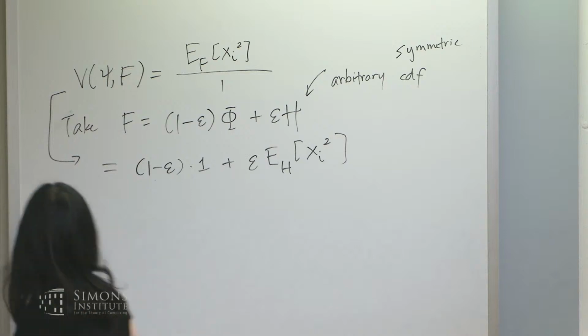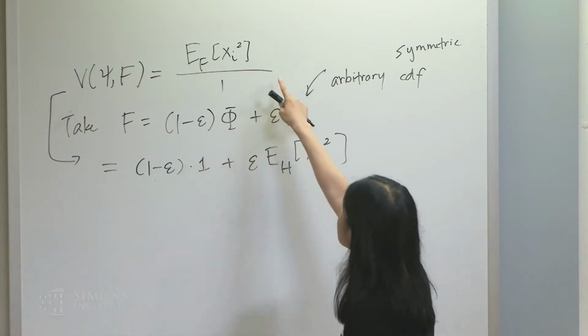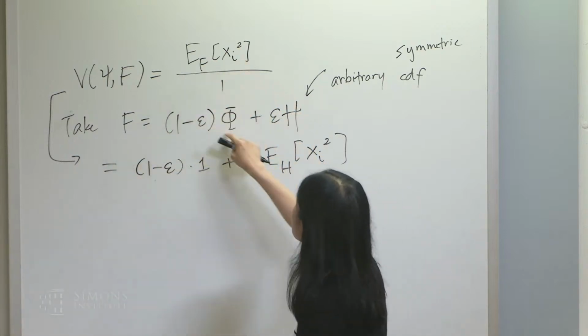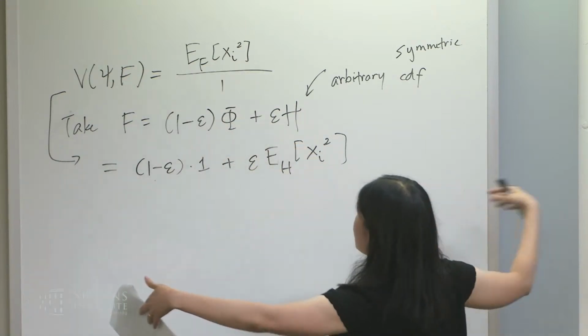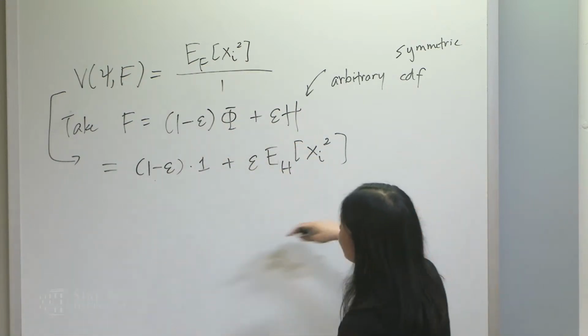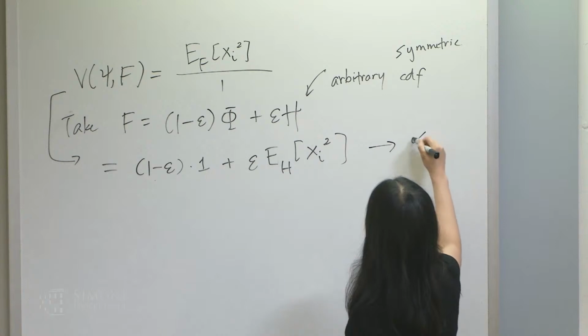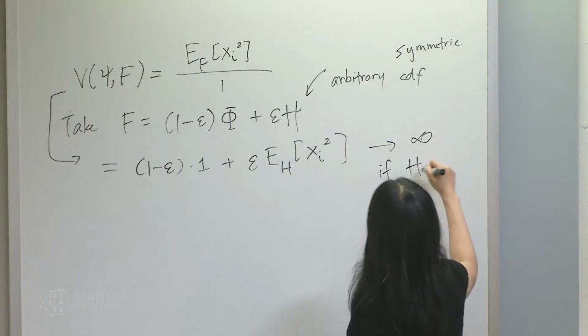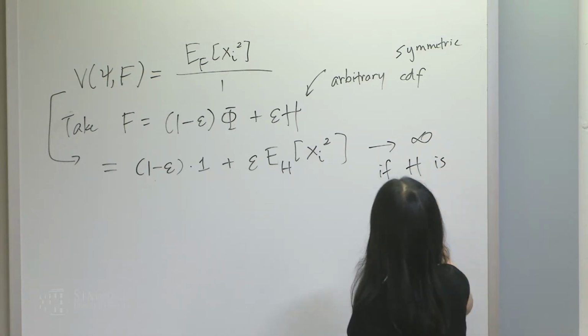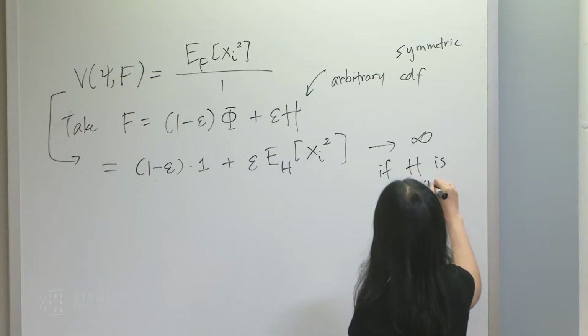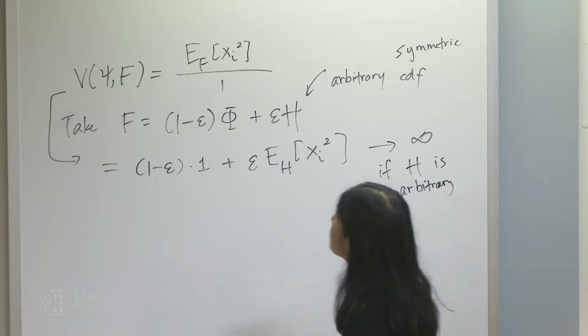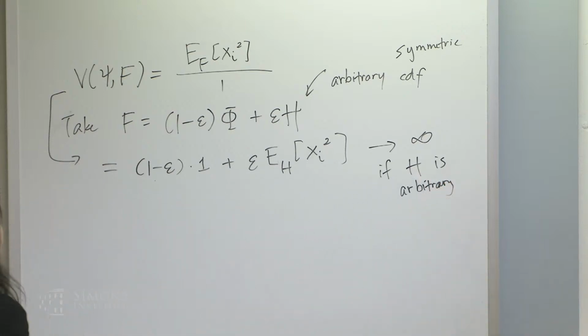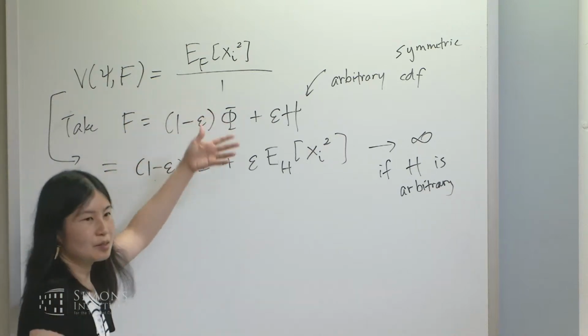Right. So the point is, if you let these xi's be drawn from this mixture where h could be running off to infinity in a symmetric way, then this thing can go to infinity if h is arbitrary. So the question is, what could you do that's a little bit better?